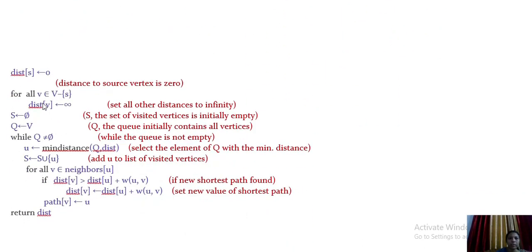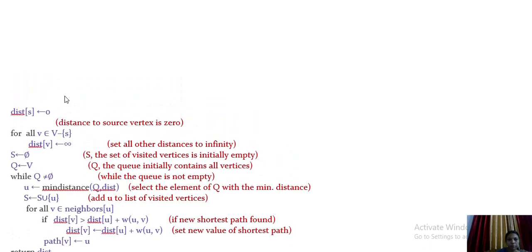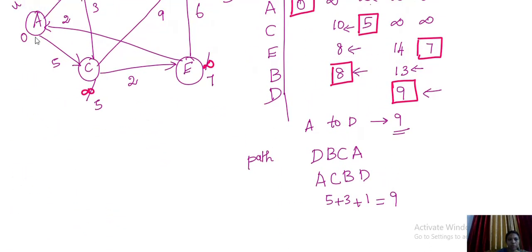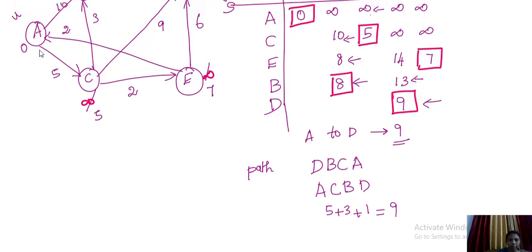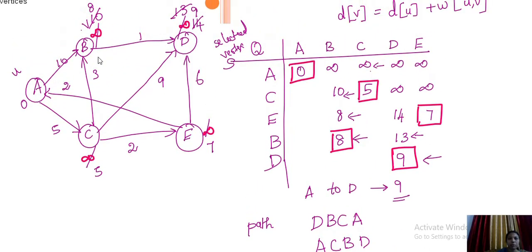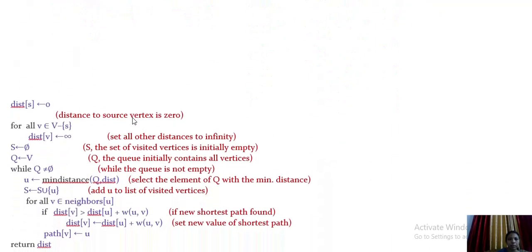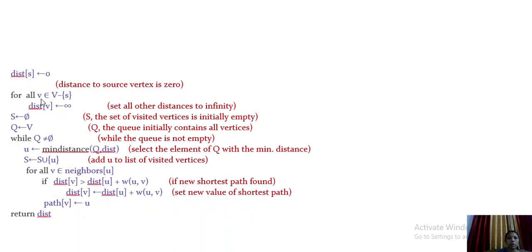So for all the vertices from the source, we have to find the distance, right? Here our source is A. From A we have to find the distance to all the other vertices. So that is what the for loop does. We have to find the shortest path from the source to all the other vertices.